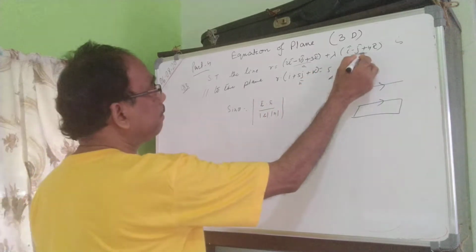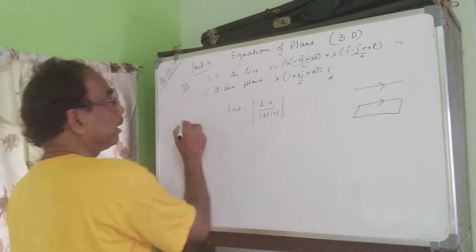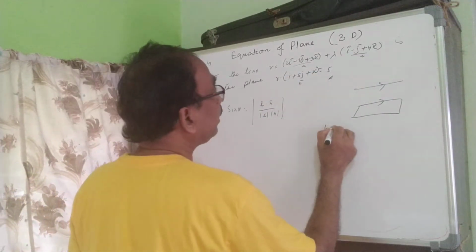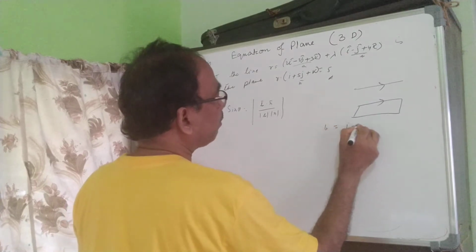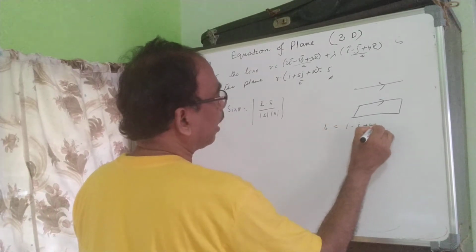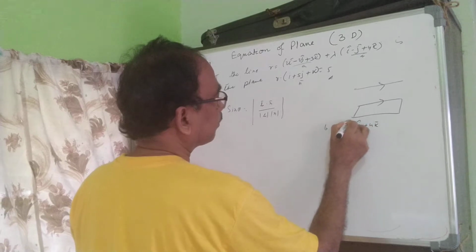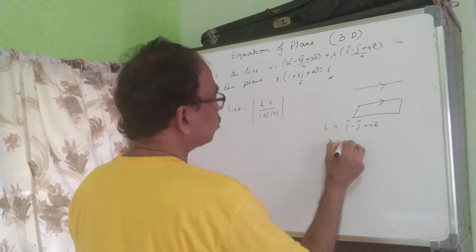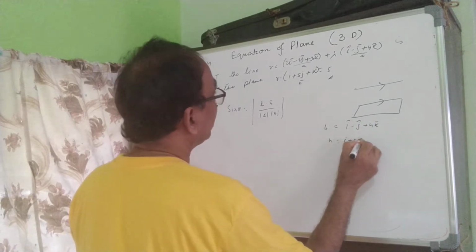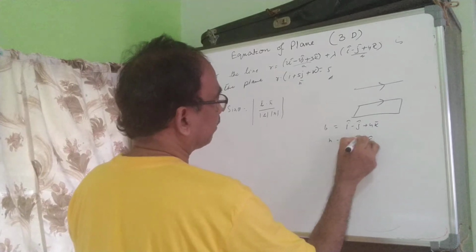Here b equals i minus j plus 4k and n equals i plus 5j plus k.